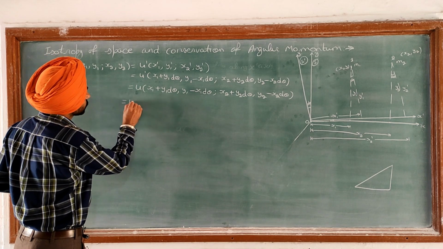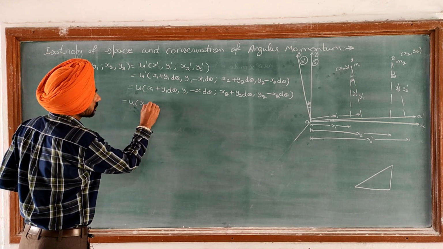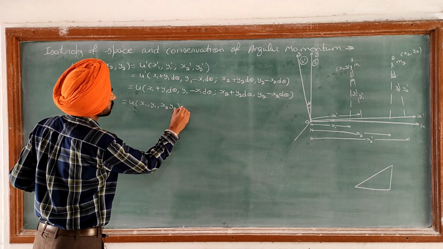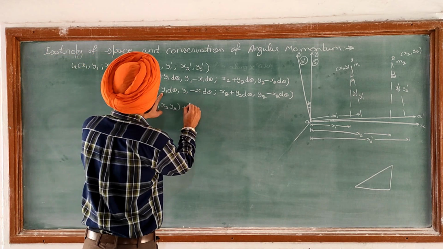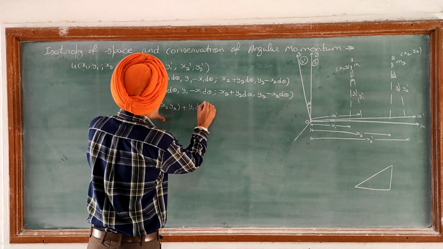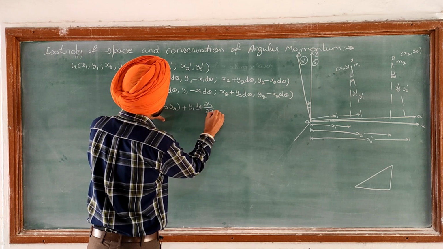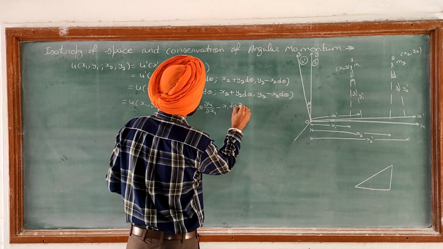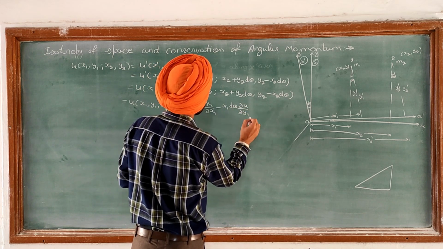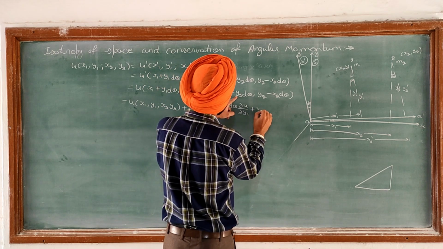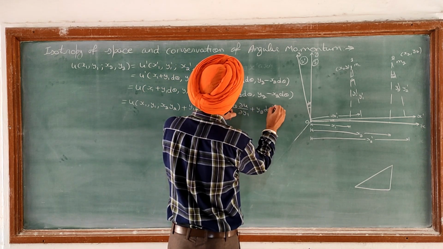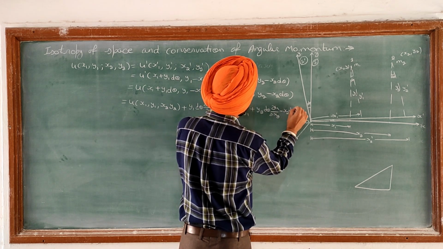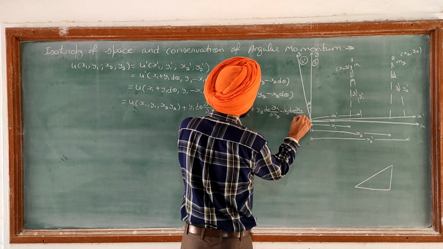So this will be U of x1 y1 x2 y2 plus y1 d theta curl U upon curl x1 minus x1 d theta curl U upon curl y1, plus y2 d theta curl U upon curl x2 minus x2 d theta curl U upon curl y2.